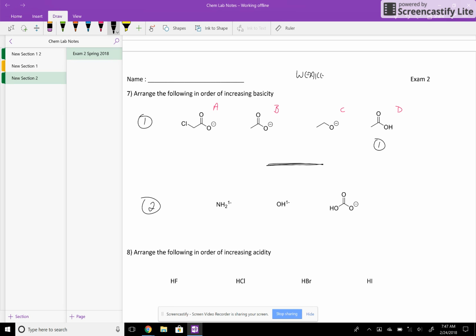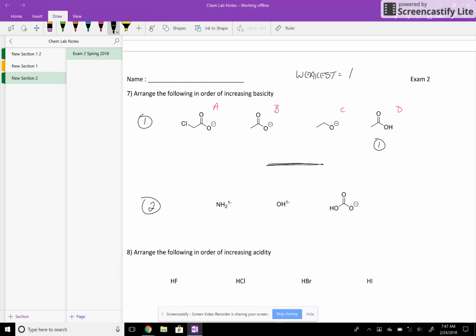So we'll start with weakest equals 1, and we'll move our way up from there to the strongest. So no negative charge, right? That's going to be a very weak base then. If we take a look at our other 3 molecules here, we have A, B, and C. They all share in common that they have a negative charge on an oxygen.